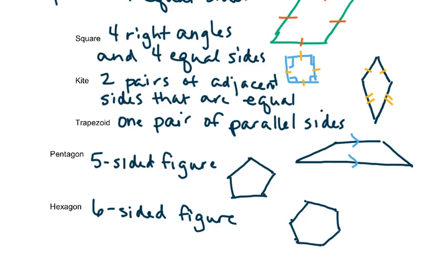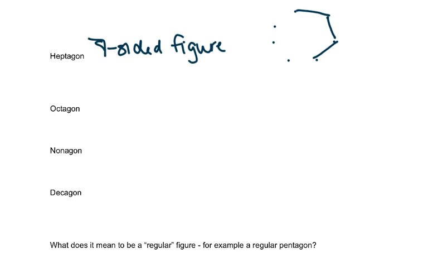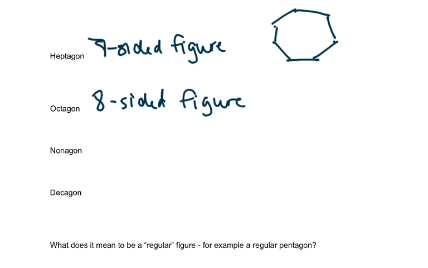All right, moving on. A heptagon, it could also be called a septagon, is seven sides. A seven-sided figure. So to draw one, I have seven segments to connect there. There's a heptagon. An octagon is eight-sided. One, 2, 3, 4, 5, 6, 7, 8.